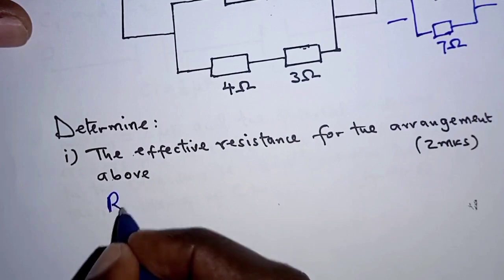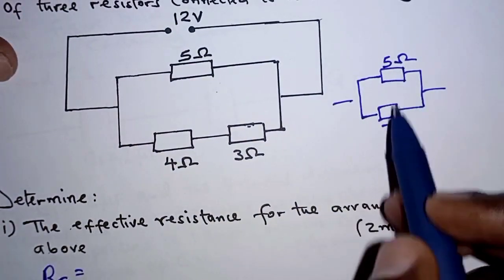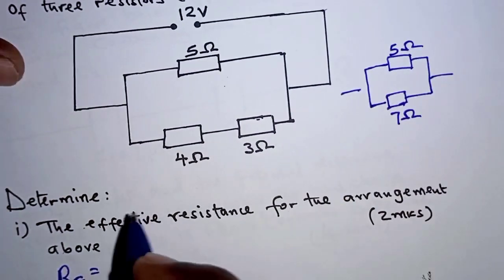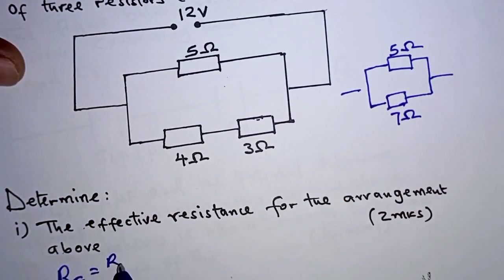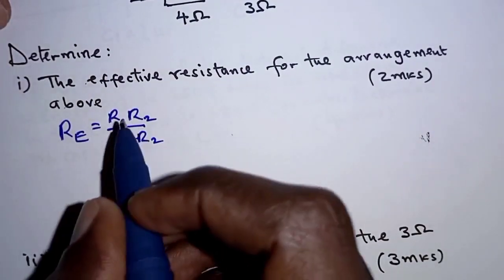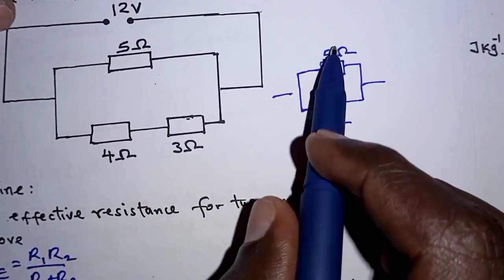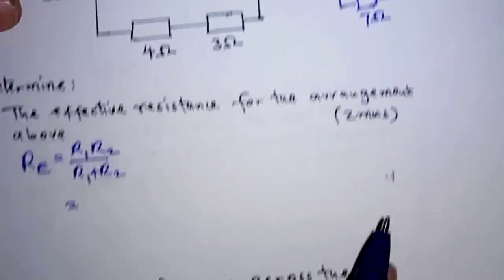So the effective resistance is equal to, so the 2 resistors here are in parallel. So we'll have the product of resistance 1 and resistance 2 over resistance 1 plus resistance 2. So that should be, resistor 1 in this diagram is 5 ohms and resistor 2 is 7 ohms.